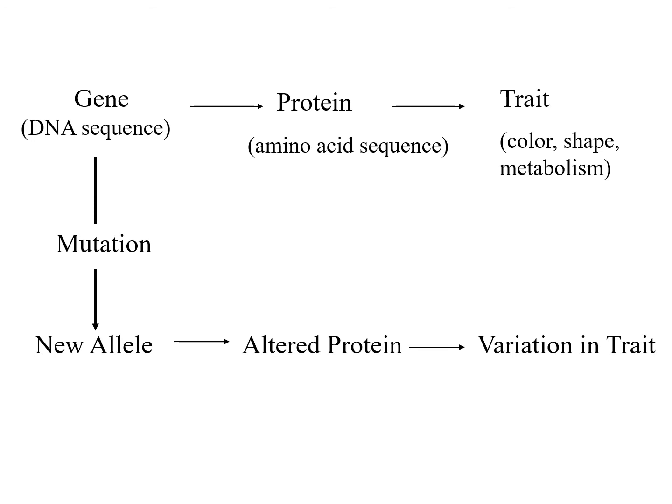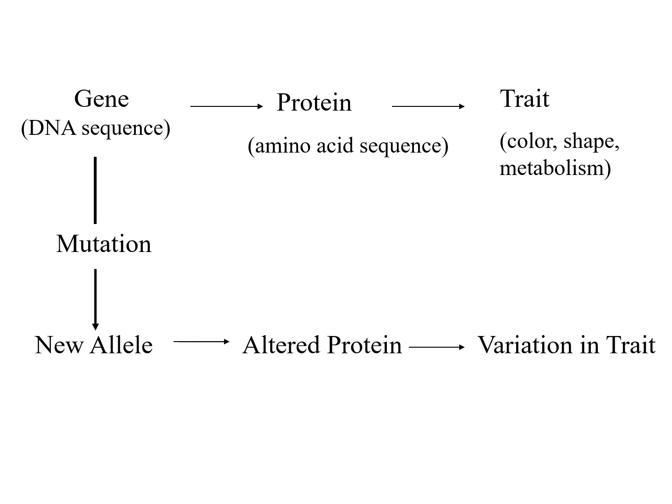Now in our peas, we saw that there were 2 traits, purple and white. The original condition in peas is to have purple flowers, but at some point a mutation occurred. We think of mutation as being bad, but mutation really just means a change.